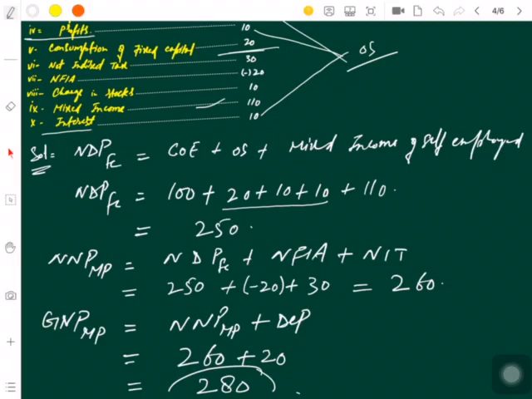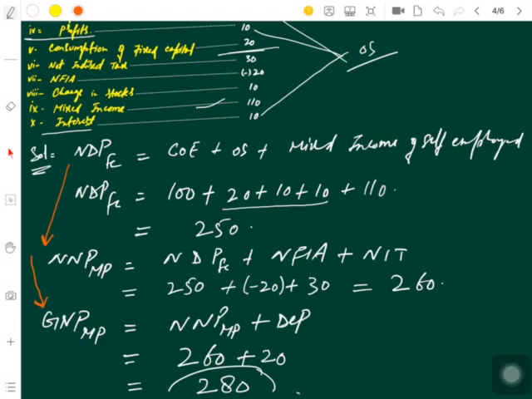Okay, from NDP-FC we reach NNP-MP to GNP-MP. Look again, from NDP-FC to NNP-MP to GNP-MP. So this was the first type of question.